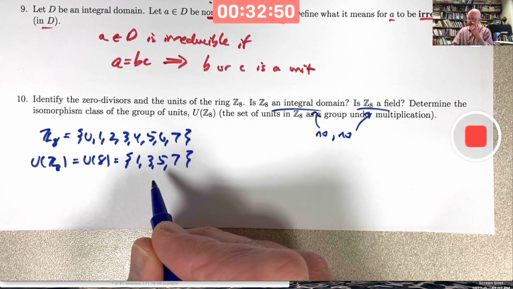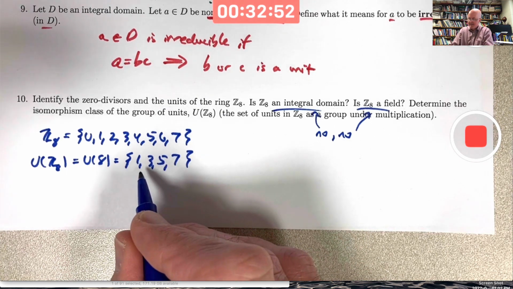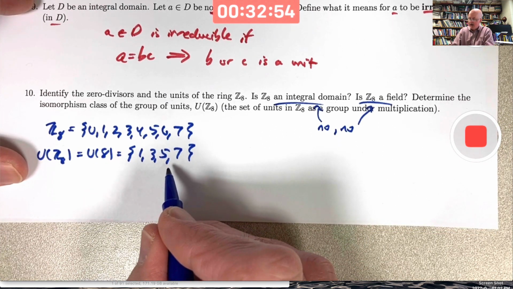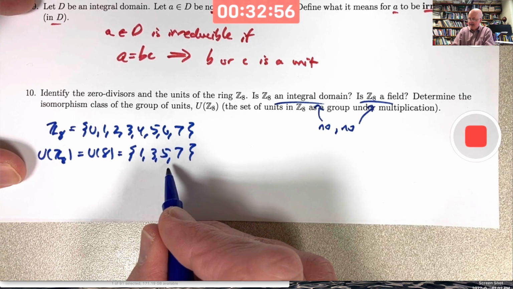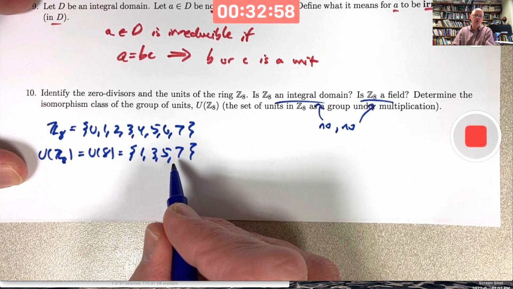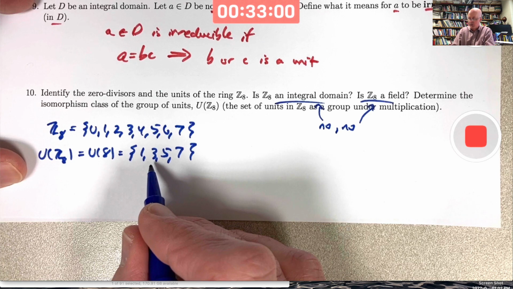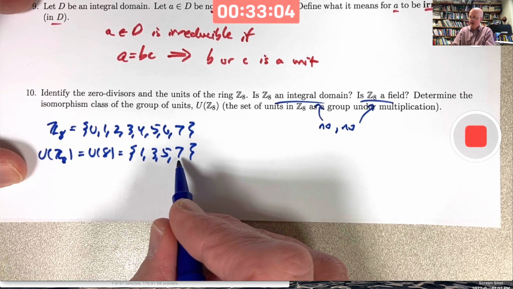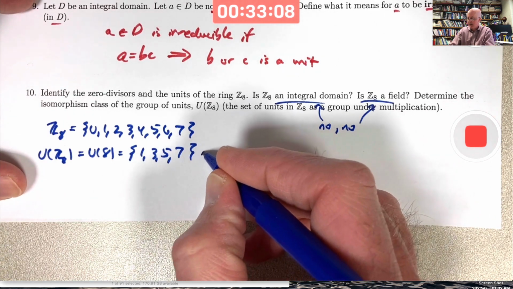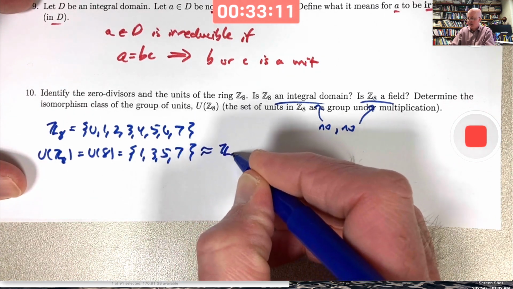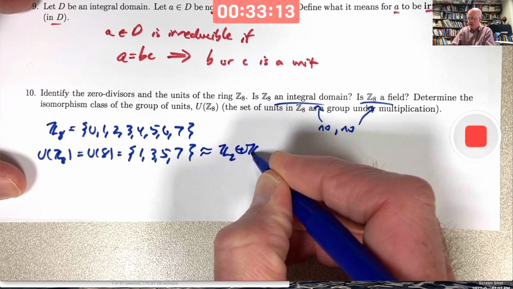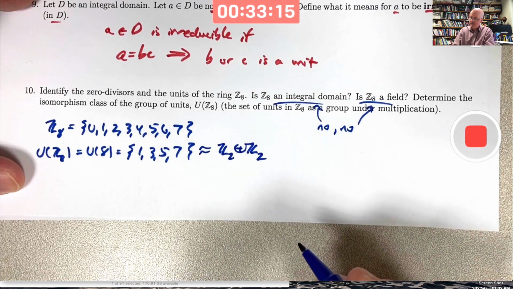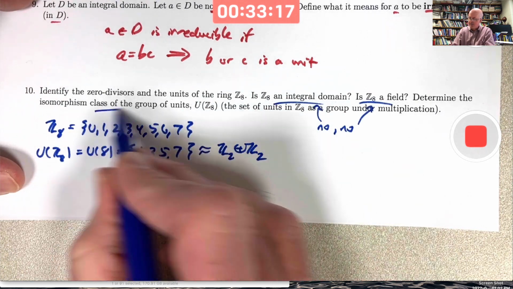If you find the order of the non-identity elements here with respect to multiplication mod 8, 3, 5, and 7 all have order 2. 3 squared is 9, mod 8 is 1. 5 squared is 25, mod 8 is 1. 7 squared is 49, mod 8 is 1. Those all have order 2. So as a group under multiplication, this turns out to be isomorphic to the external direct product of Z2 with itself. So that's answering that question here.